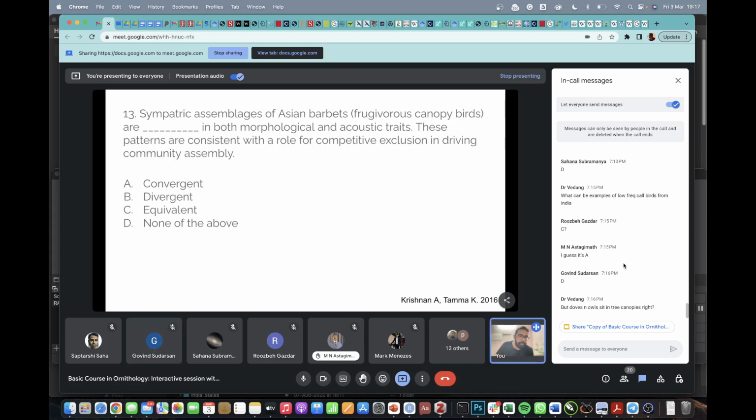Dr. Vedang, yes, doves and owls sit in tree canopies, right? But this is based on the acoustic adaptation hypothesis, and it doesn't exactly sit well. But some birds with low frequency actually pick a lower perch, and one of the reasons people say is because their calls travel further.